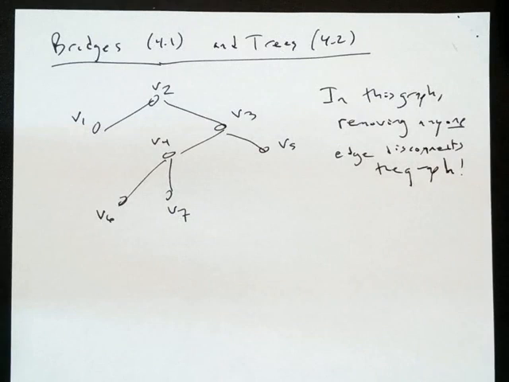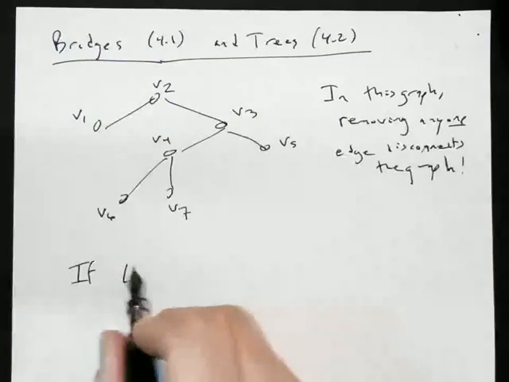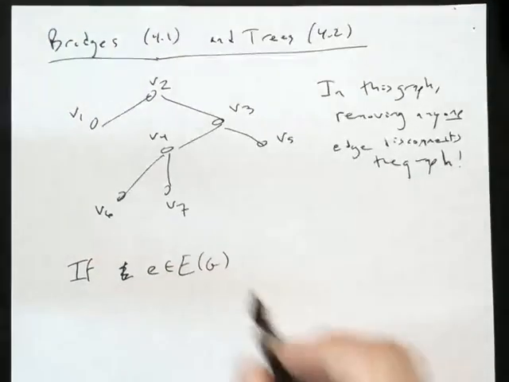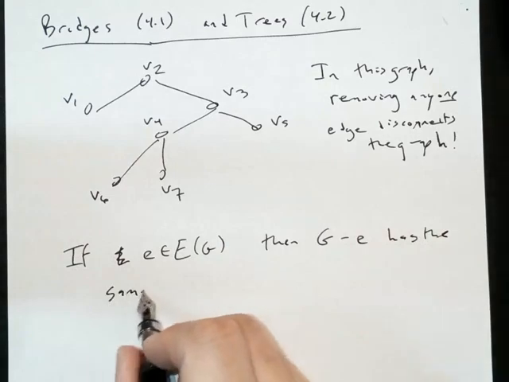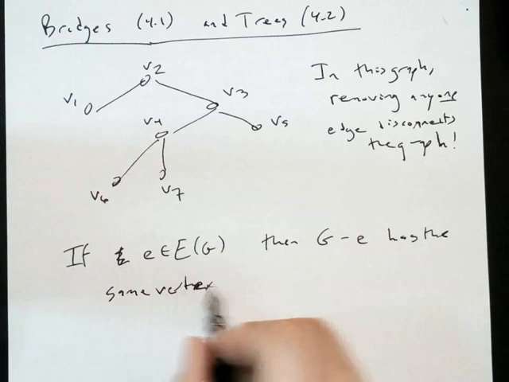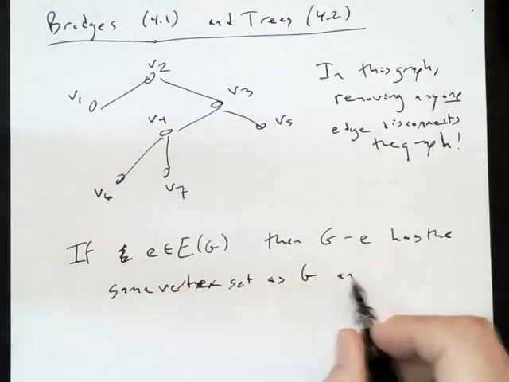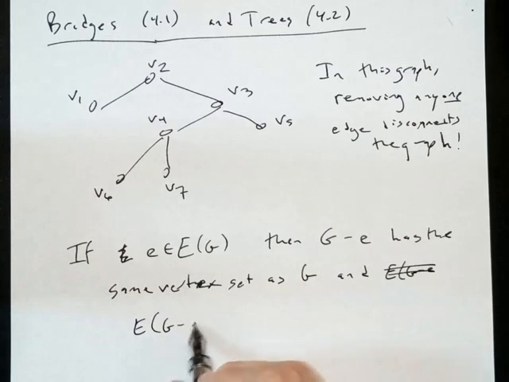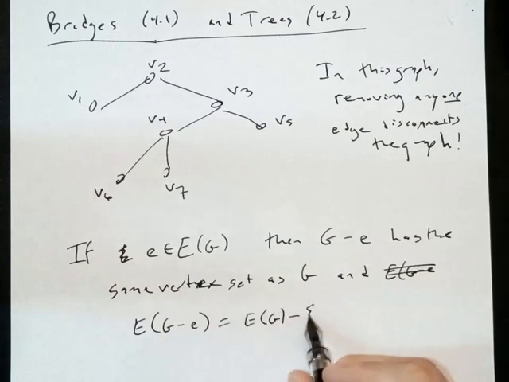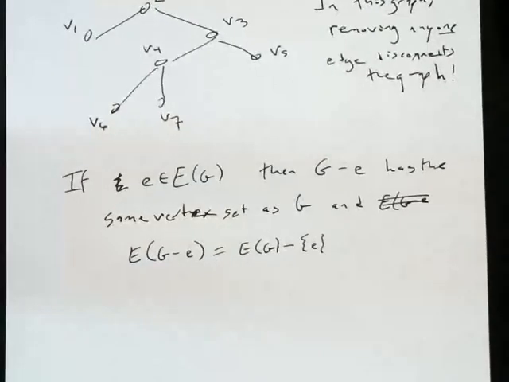So let's think about this in general. If I had a subgraph, I could take away edges. If I take away an edge, I don't change the vertices at all.